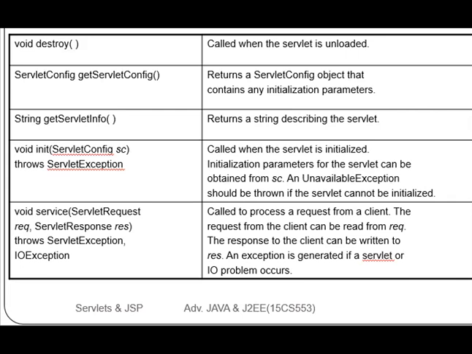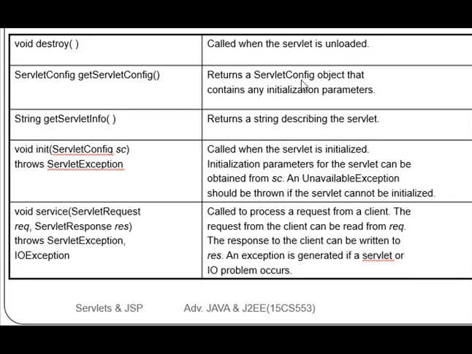Okay, so we have the destroy method. The destroy method is called when the servlet is unloaded from memory, when the servlet goes out of scope in the server. Then getServletConfig will return the configuration object that contains the initialization parameters for this specific servlet.